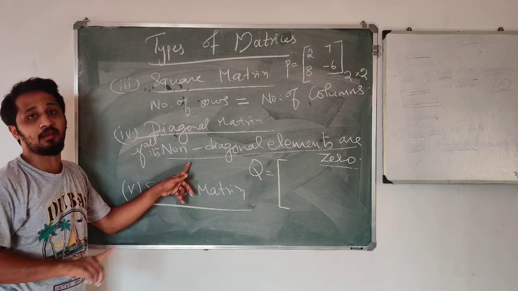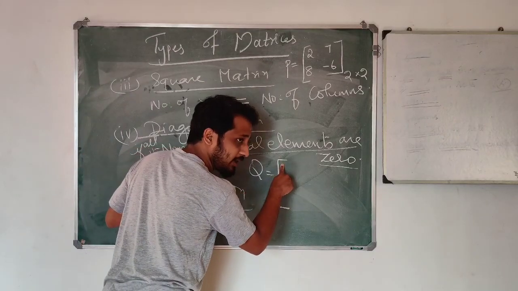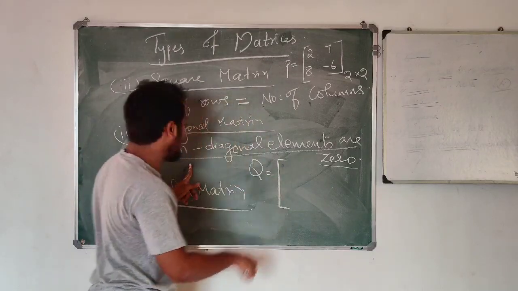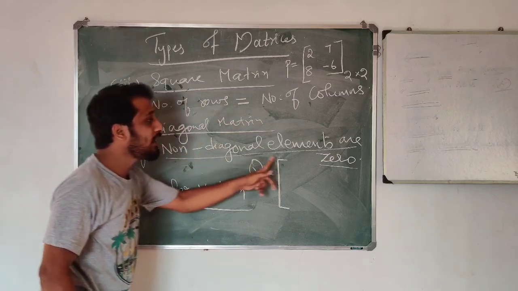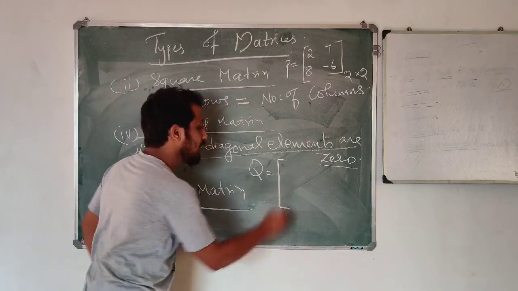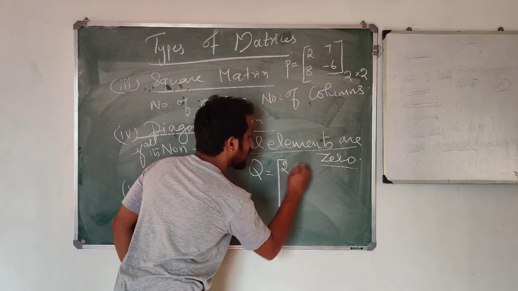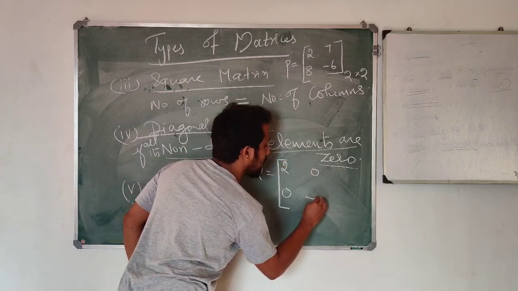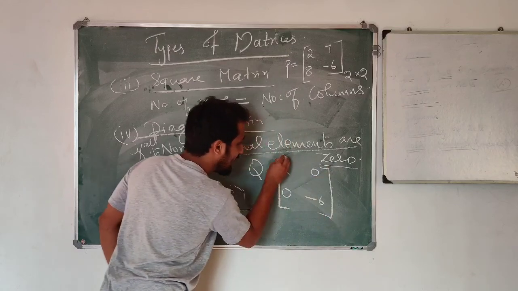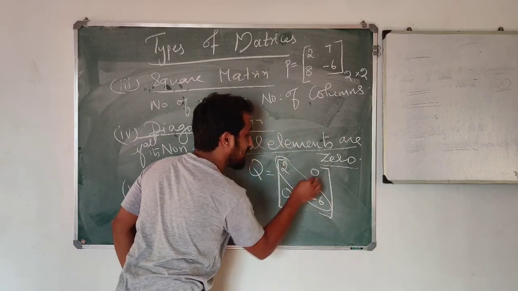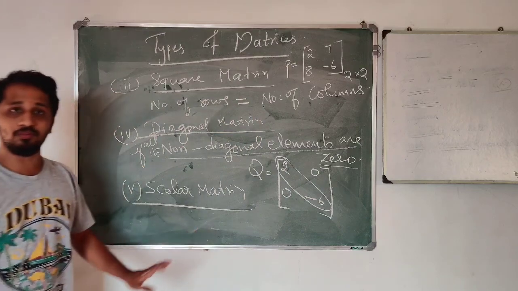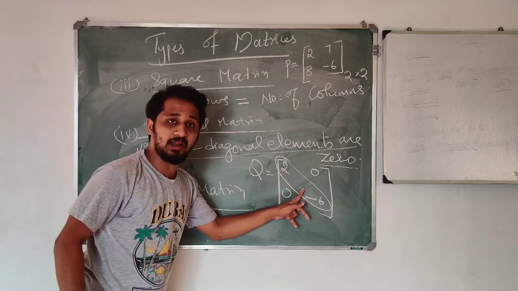Other than the main diagonal elements 2 and minus 6, all the entries should be 0, that is 2, 0, 0, minus 6. This is a case of a 2 by 2 matrix.